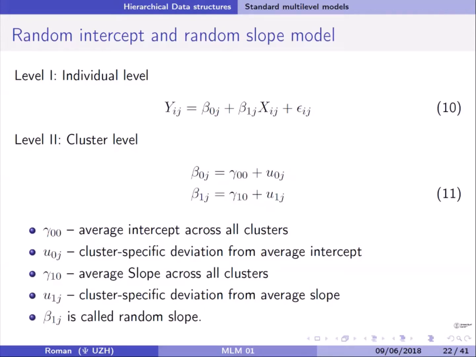Gamma 0,0 is still the average intercept across all clusters, and U0j is the cluster-specific deviation from the average intercept. So this is the deviation from here. Gamma 1,0 is now our average slope across all clusters, and U1j is going to be the cluster-specific deviation from the average slope. Now B1j is called our random slope.